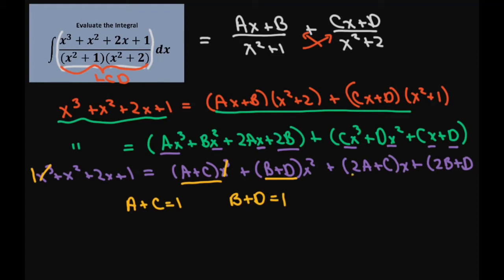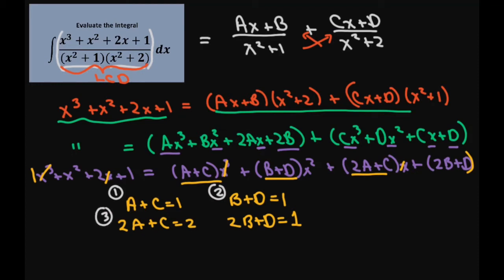And then for this one, you're going to get 2a plus c equals 2, because remember, we're just crossing these out. And then for this one, we're going to get 2b plus d equals 1. All right, so I'll just label these 1, 2, 3, and 4.